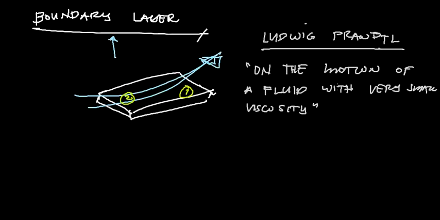Okay, so the idea behind the boundary layer is simply to describe the fluid motion when taking into account the friction between the surface and the fluid which is in contact. So he described the fluid motion when taking into account these two things, the fluid and the surface, wherein he takes into account the friction.